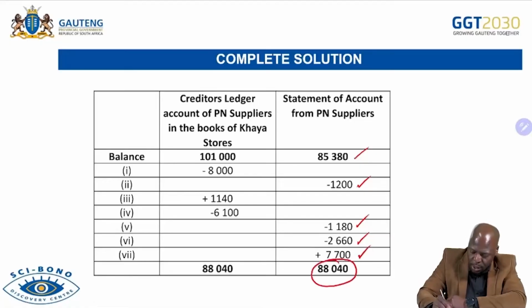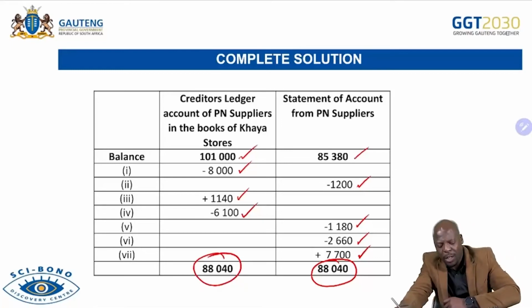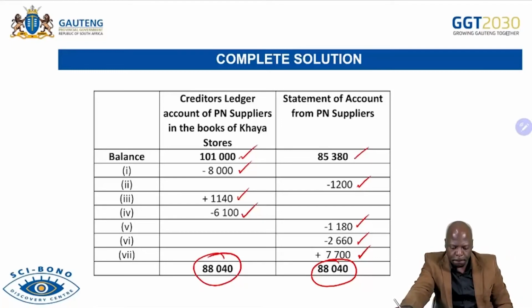It should give you your 88,040. When you come to the ledger, you start off with your 101,000, you subtract your 8,000 plus your 1,140, you subtract your 6.1, and then you should get your 88,040.